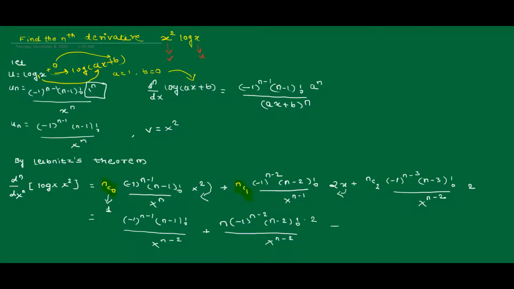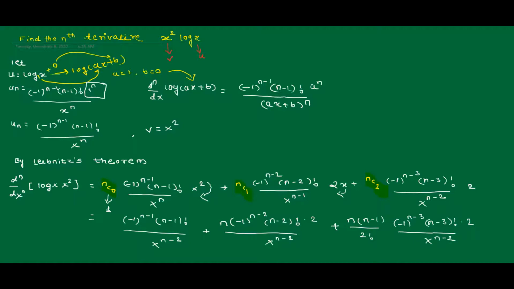Plus, now what is the value of nC2? nC2 value is equal to n into n minus 1 divided by 2 factorial, minus 1 raised to n minus 3 into n minus 3 factorial into 2 divided by x raised to n minus 2.